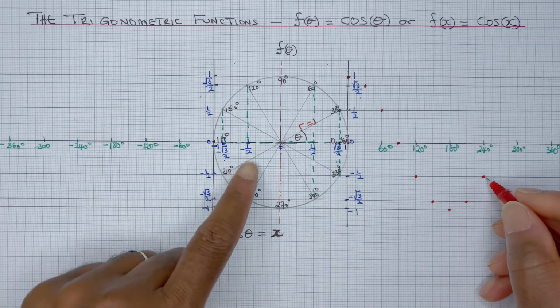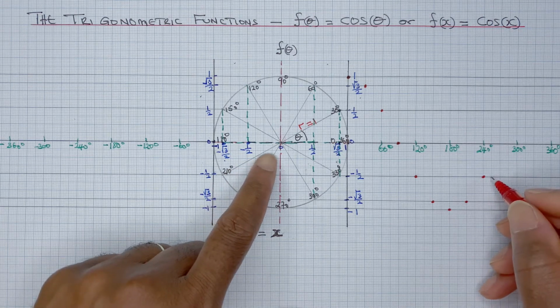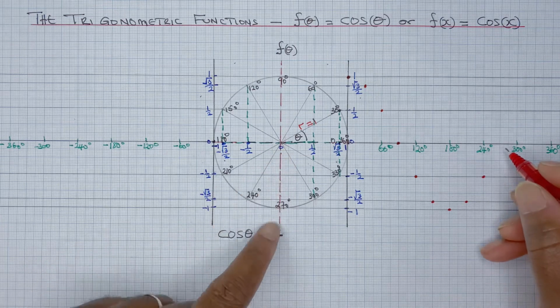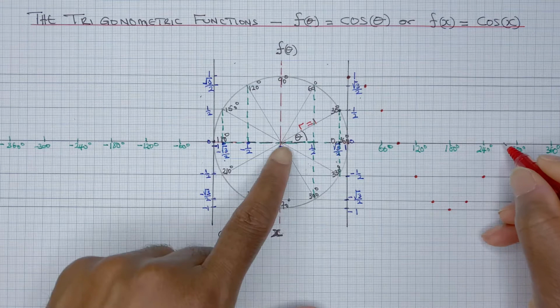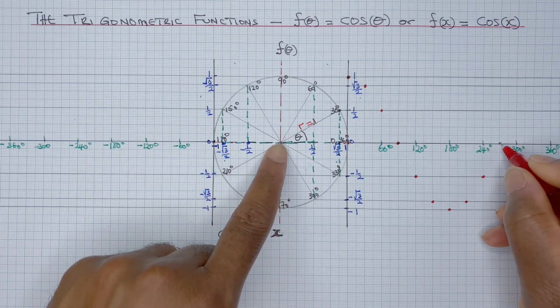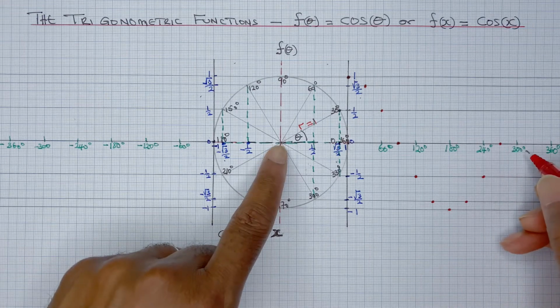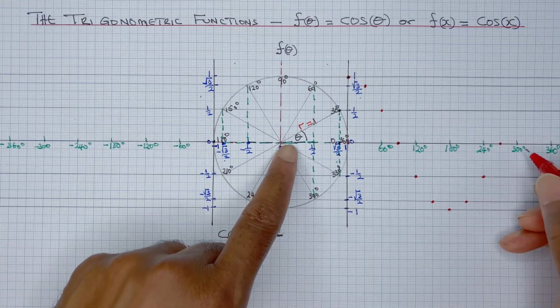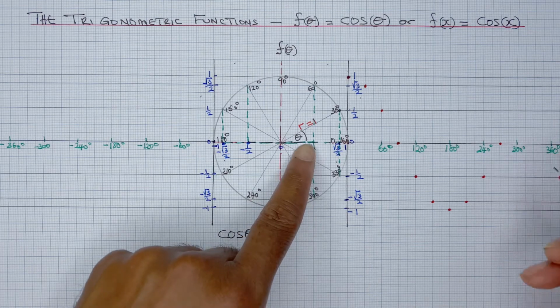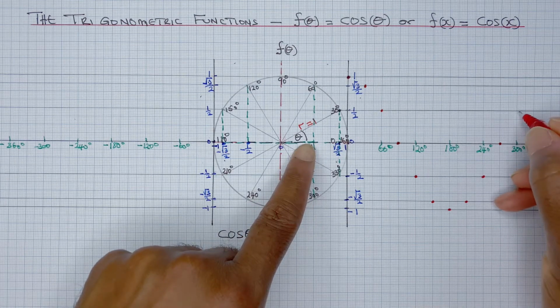Then you go from 240 to 270. 270 is 0. That's 0 there, for x is coming back to 0. And then you're going from 270 to 300, so x is a half.